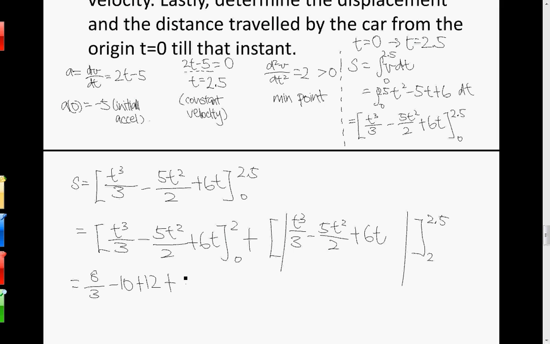Plus t cubed over 3, and t cubed over 3 here will be 8, so it'll be 8 over 3 minus 40 over 2 plus 12, and I'll bracket this up, and I have to take away the case where it is 2.5: minus 5 times 2.5 squared over 2 plus 6 times 2.5.